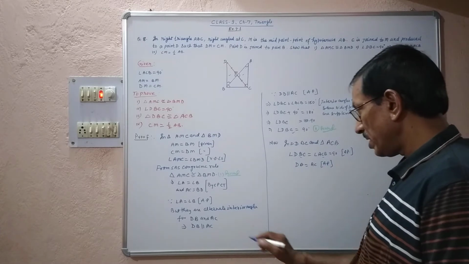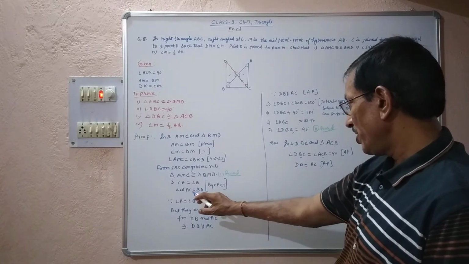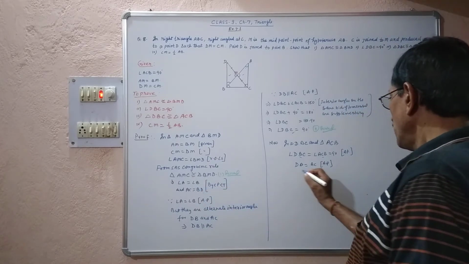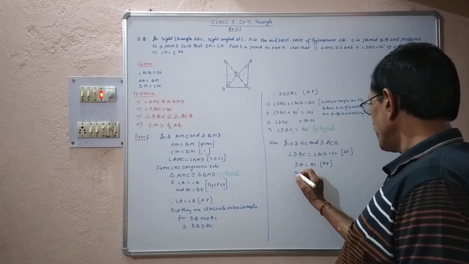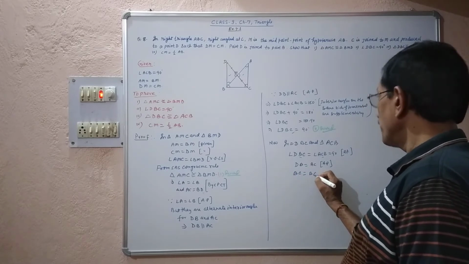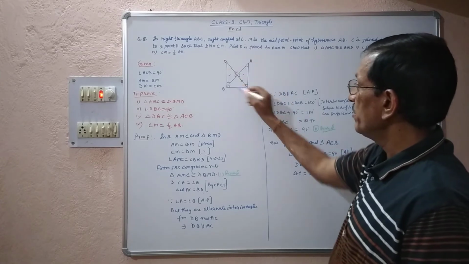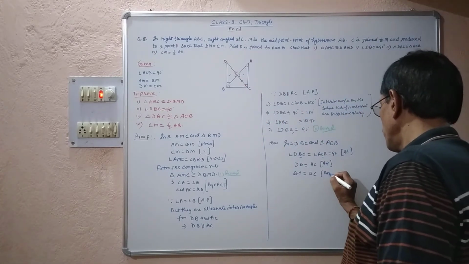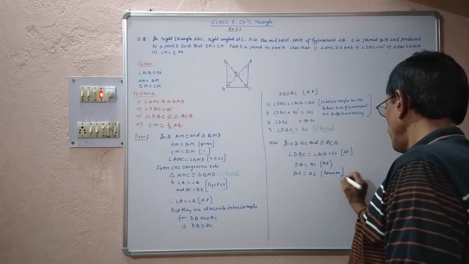Here you can see BD equal to AC. And BC is equal to BC. BC is in both triangles, in DBC and in triangle ACB also BC. So it is common. We will write here common.